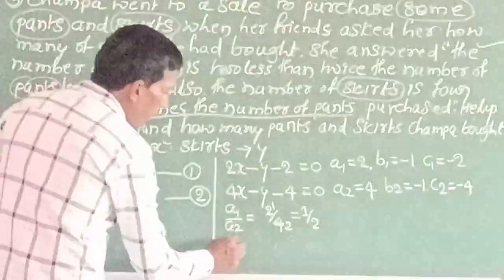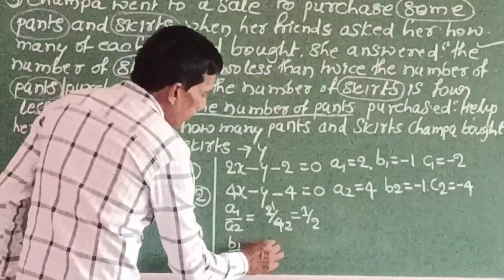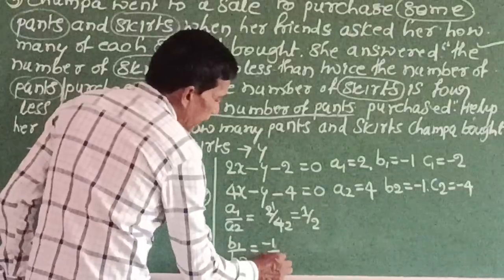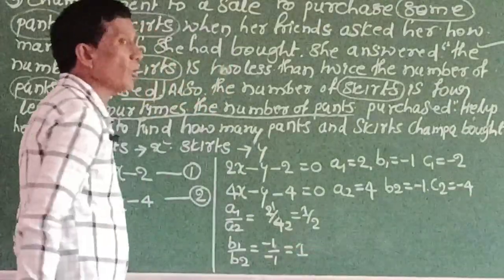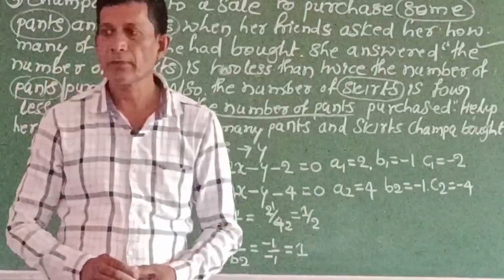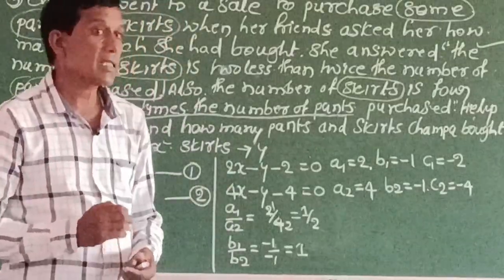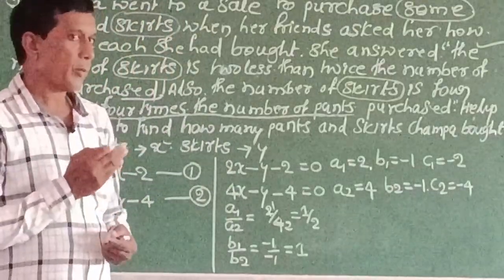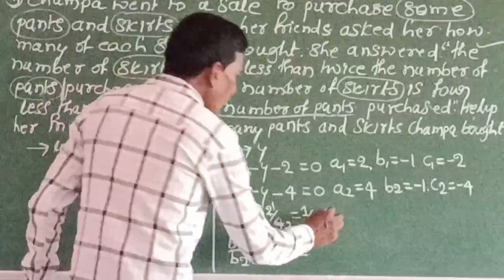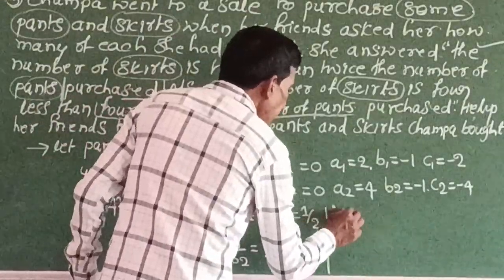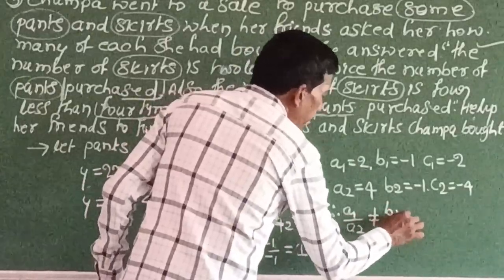Next, b1 upon b2: b1 is minus 1 and b2 is minus 1, so minus by minus is plus, 1 by 1 is 1. The first answer is 1 by 2 and the second answer is 1, so they are not equal. Therefore, a1 upon a2 is not equal to b1 upon b2.